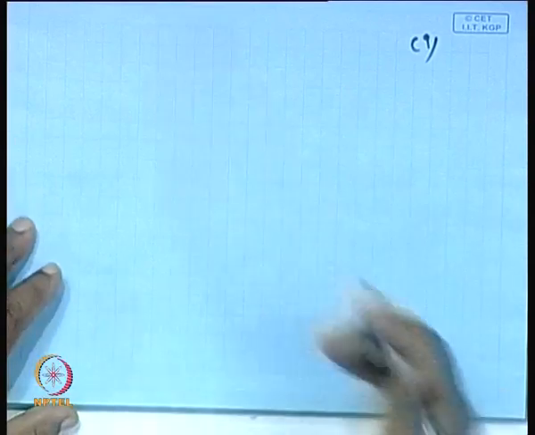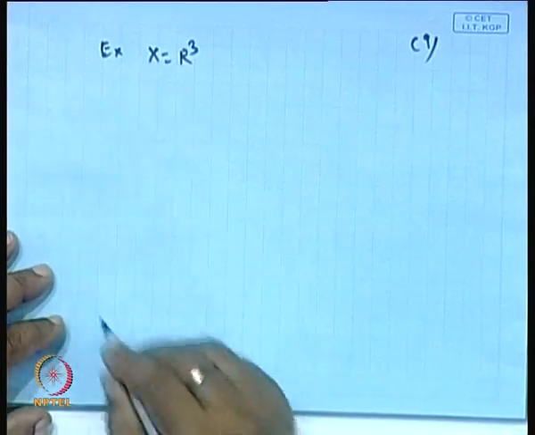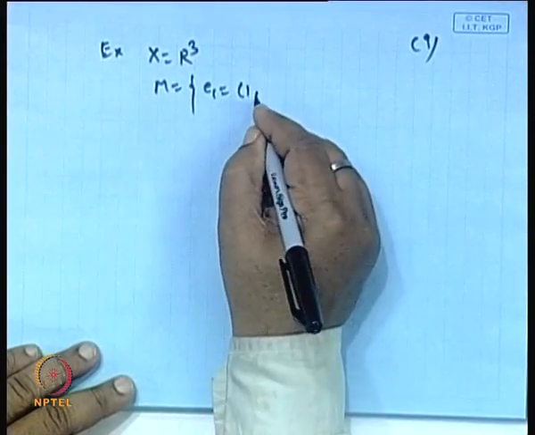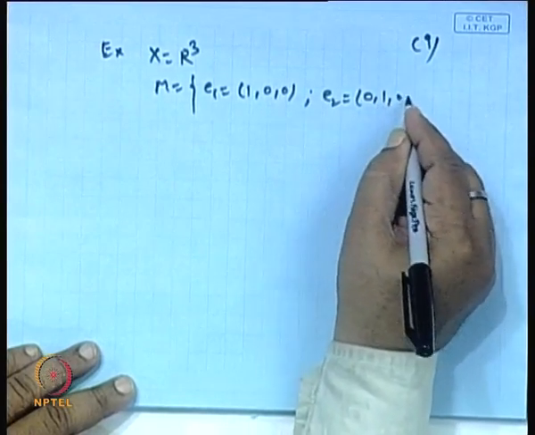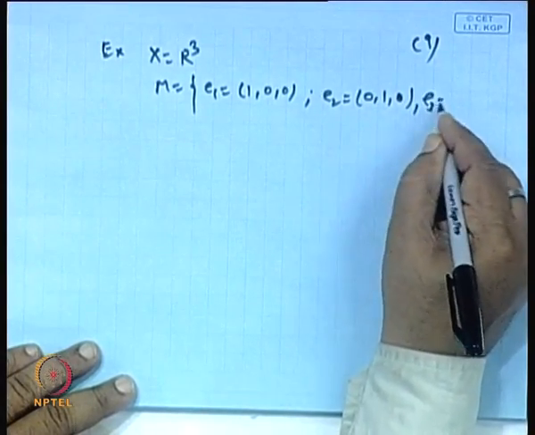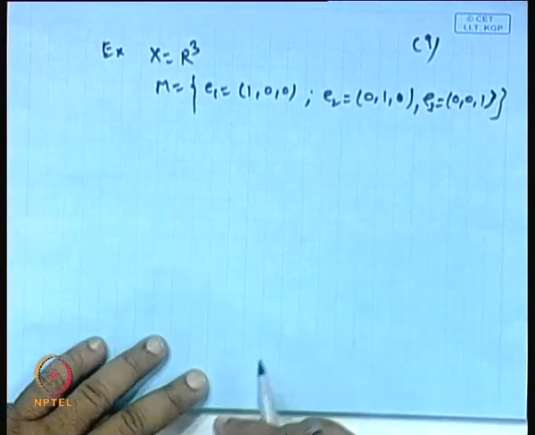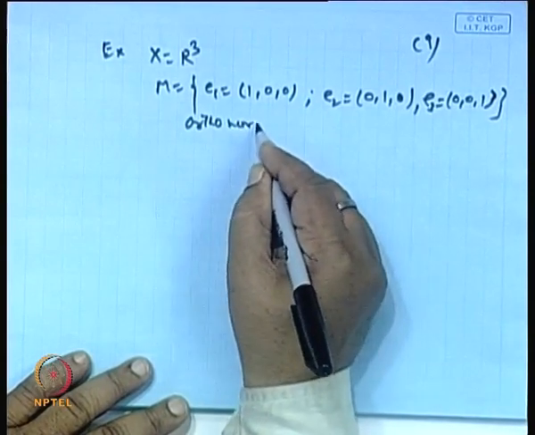Okay. Now, say for example, if we look at the equivalent space R 3 that I have already discussed, the set M which is E 1 (1, 0, 0), E 2 (0, 1, 0), E 3 (0, 0, 1) is our orthonormal set, is it not?